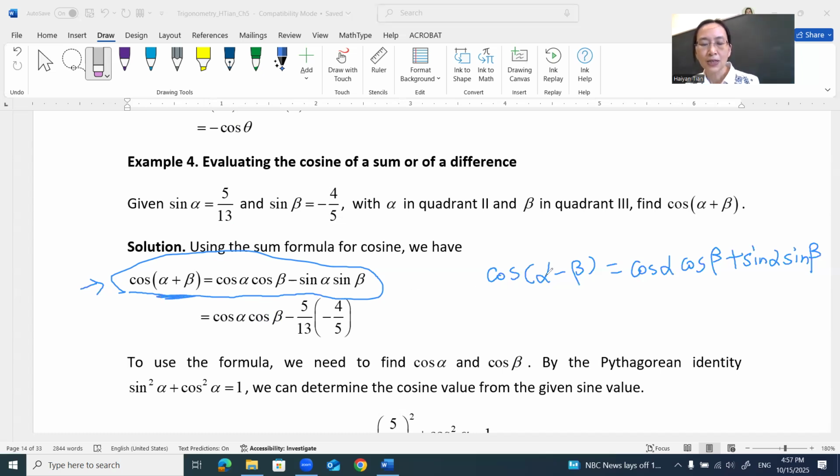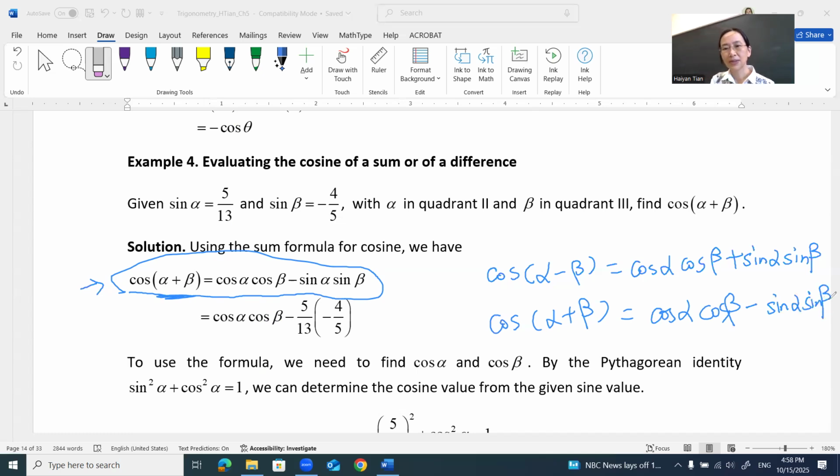They look very similar, but they're definitely different. Cosine of a sum is cosine alpha, cosine beta minus sine alpha, sine beta. So, two important identities: cosine of a difference and cosine of a sum.